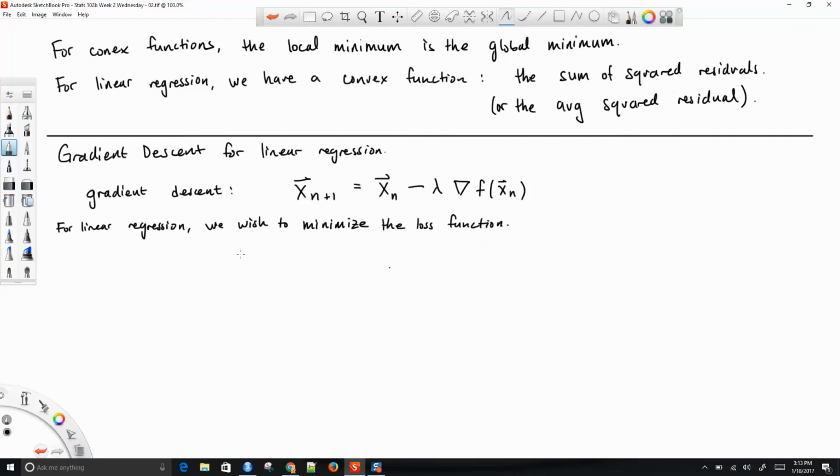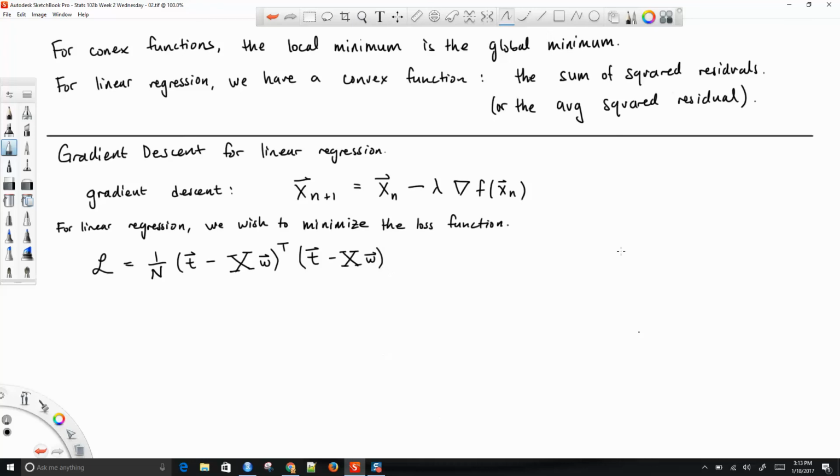So what is our loss function again? Our loss function is 1 over n times, in vector form, the vector t minus xw, transposed, times the vector t minus xw.